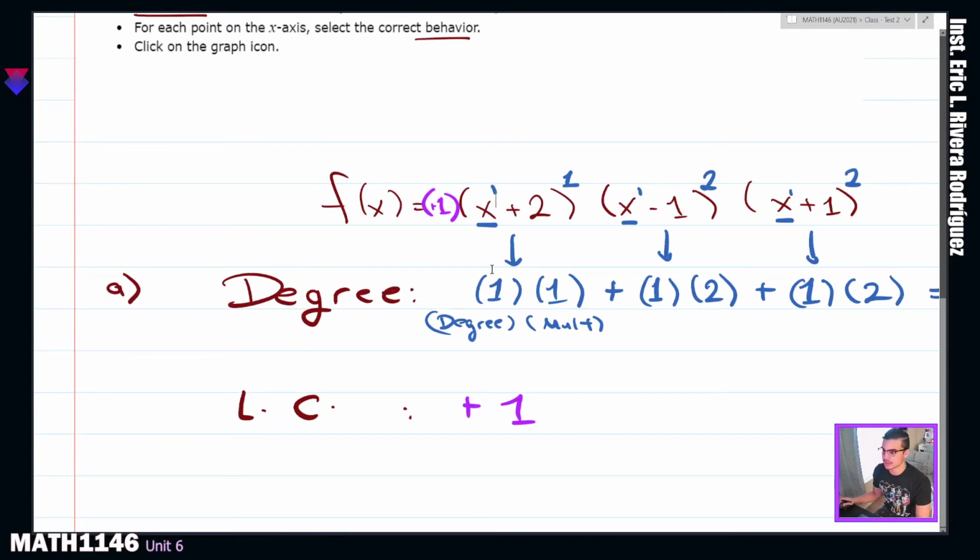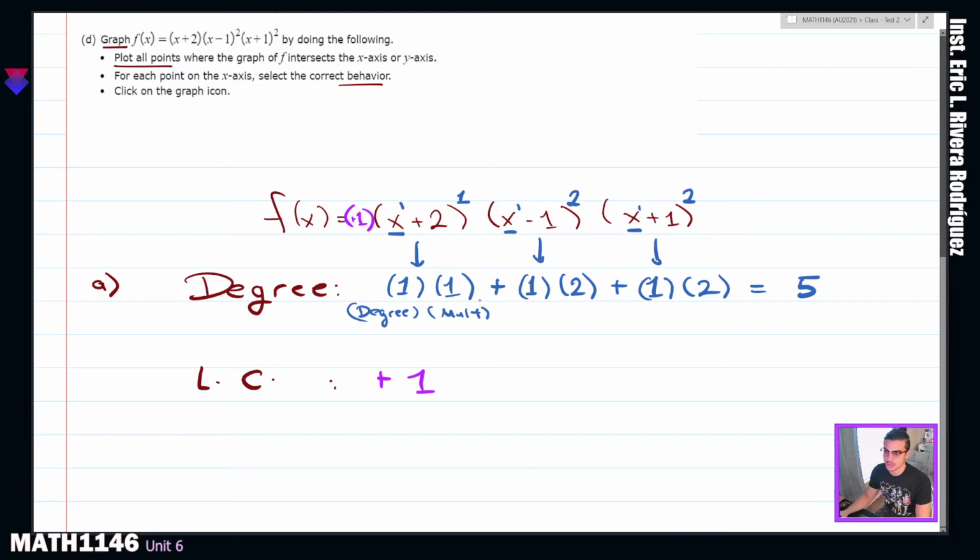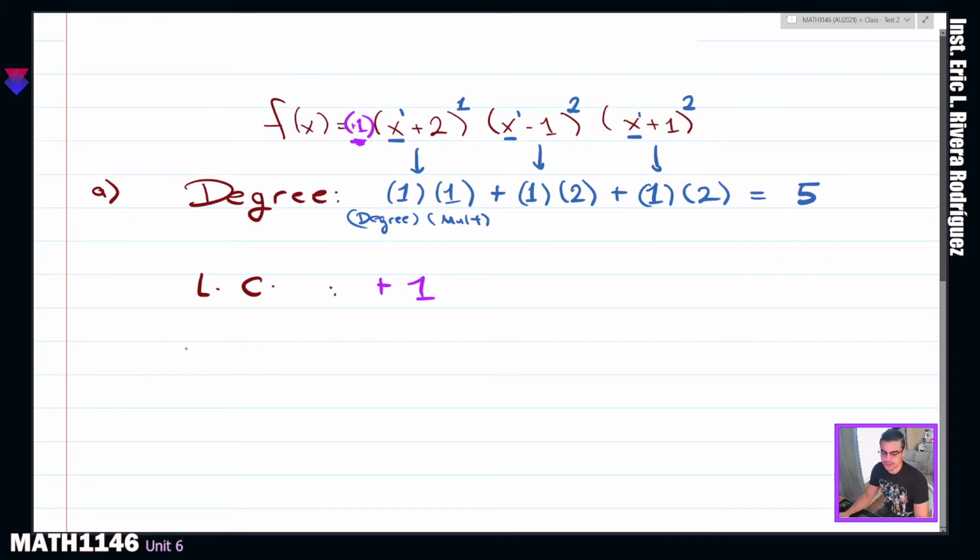If the leading coefficient is 1, we don't write it. If there's nothing in this space in the factor form, then it means that the leading coefficient is 1. And from this information, what can we get? From the sign of the leading coefficient and the degree.